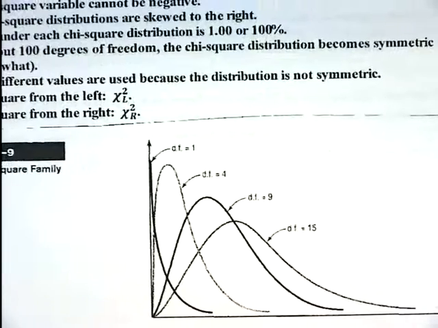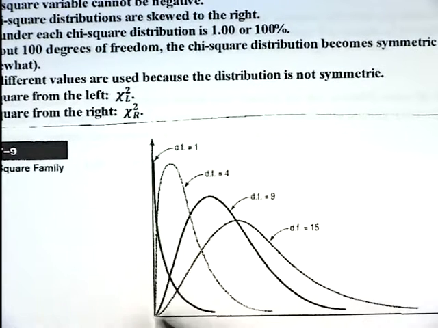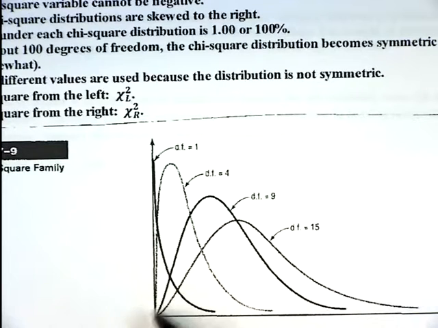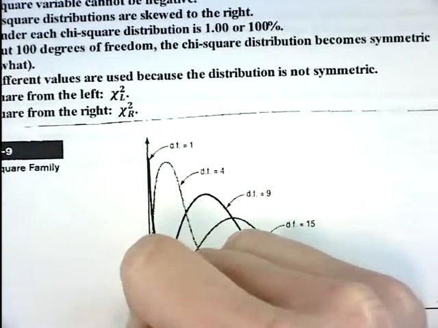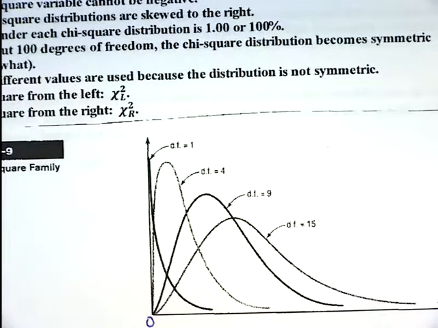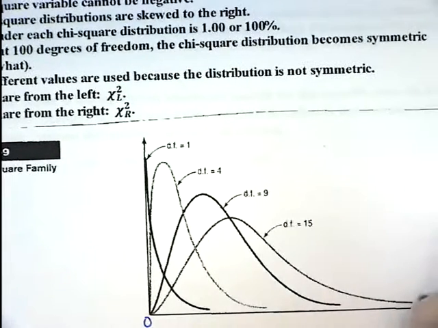The picture for a general chi-square distribution looks like this. You have your chi-square axis, and you can see all of these are positively skewed or right skewed. And this value here starts at 0. And that's another reason why I would say that the chi-square values on the axis are positive.